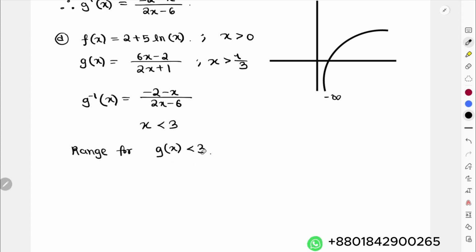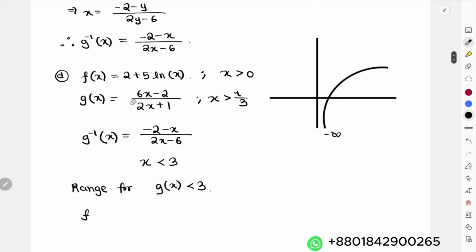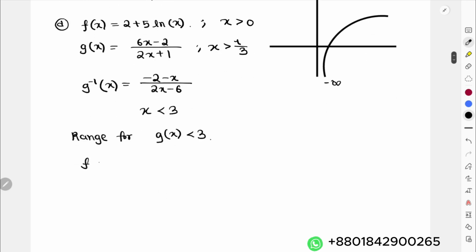If g(x) is less than 3, then if you insert 3 into the equation, fg(3), right, we are considering that the value for g(x) is equal to 3. You can answer fg(x) equals to 3. That means whatever the equation was, (6x minus 2) over (2x plus 1), that is equal to now 3. So we can write fg(x), if that is equal to 3, you get 2 plus 5 ln 3.